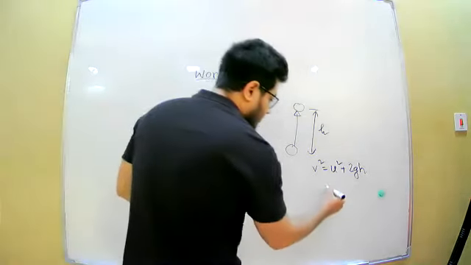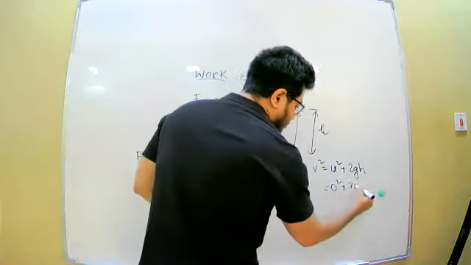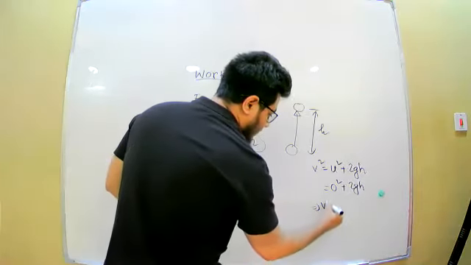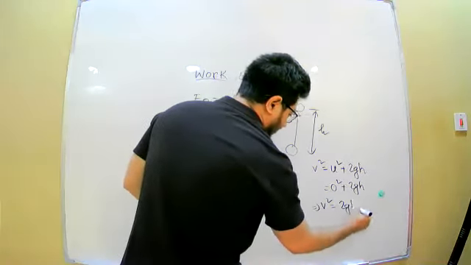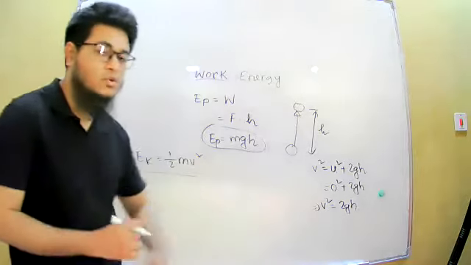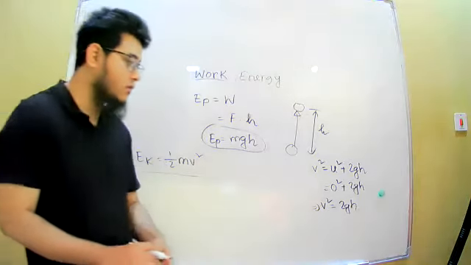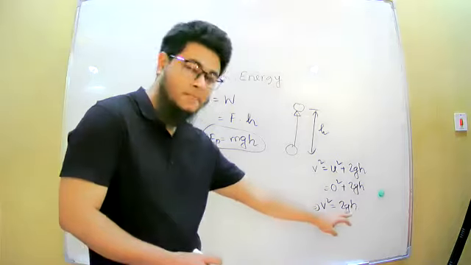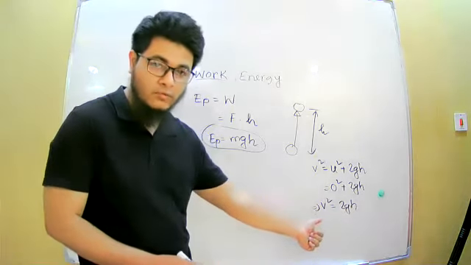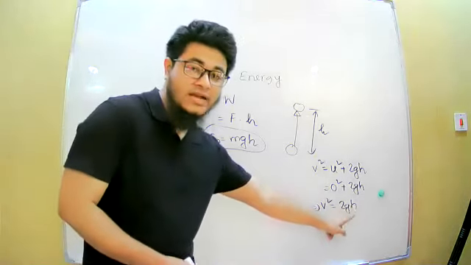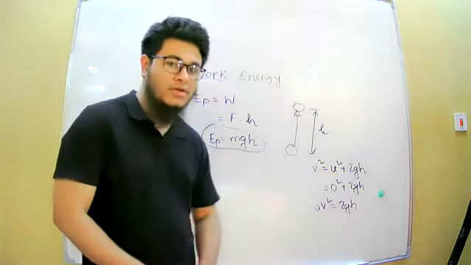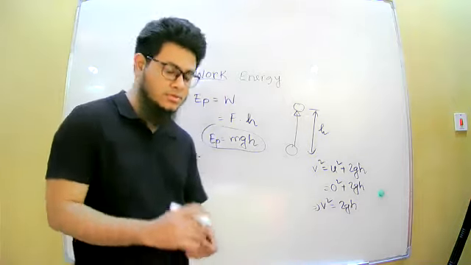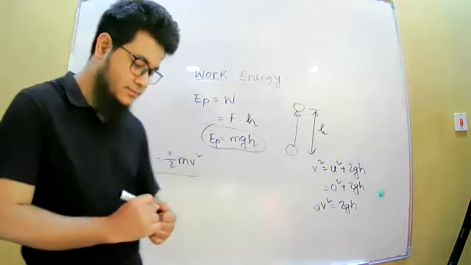So it is 0 square plus 2gh. For a falling body, we can replace v square by 2gh. So if you don't know the value of v, but you know the height from which it is falling, you can calculate the value of v square. Always remember, this will help you a great deal, inshallah.